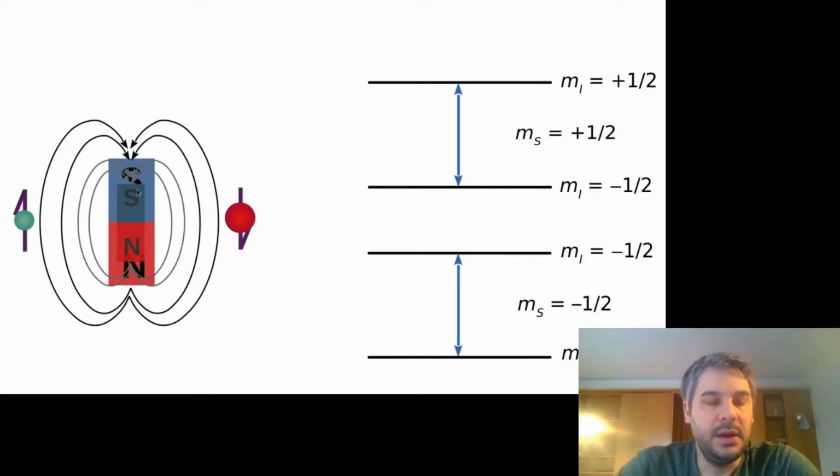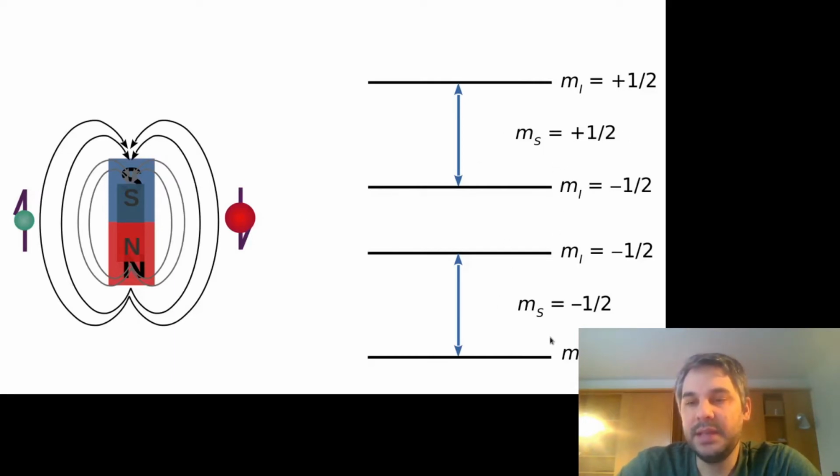The lower energy configuration is for the two magnetic moments to be parallel. So that means that the two spins, the electron spin and the nuclear spin, are more stable when they are anti-parallel. So we can see this in these graphs.